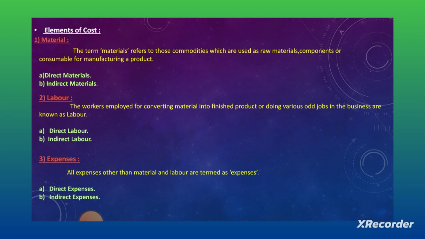All materials which are used for purposes ancillary to the business and which cannot conveniently be assigned to specific physical units are termed as indirect materials. For example, consumable stores, lubricating oil, grease, printing and stationery, etc.